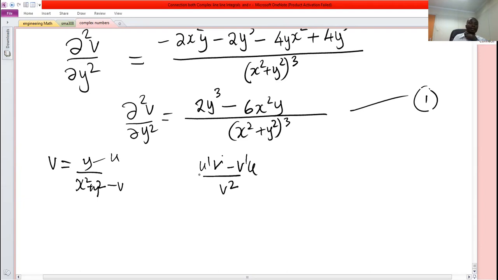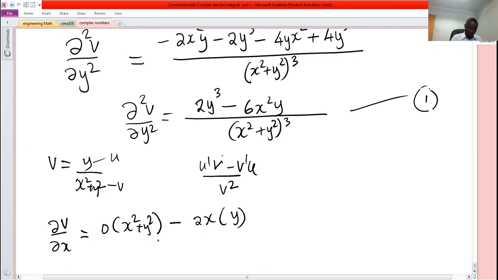And remember I have partial v partial x. So u prime is 0, so I'll have 0 times v minus v prime, I get 2x times u, which is y.